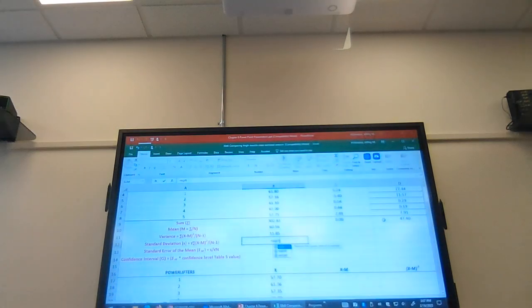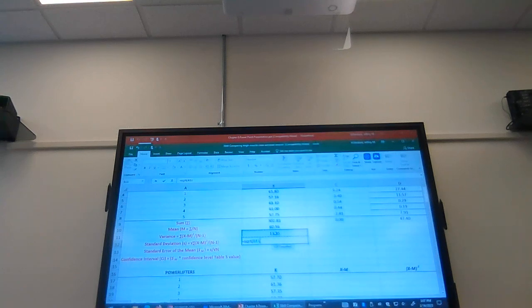You're going to open your parentheses, and then you'll just click on 11.85, and then close your parentheses like that. And so that'll give you your standard deviation. Okay, all right, so told you we'd go through the long way once.